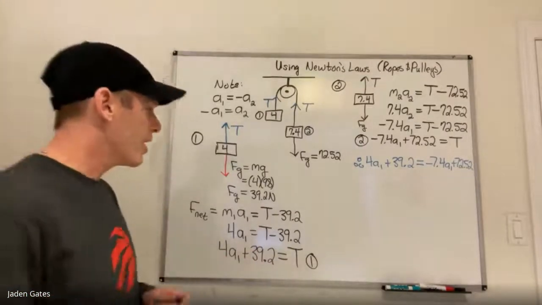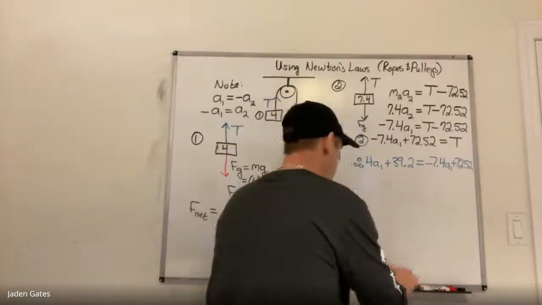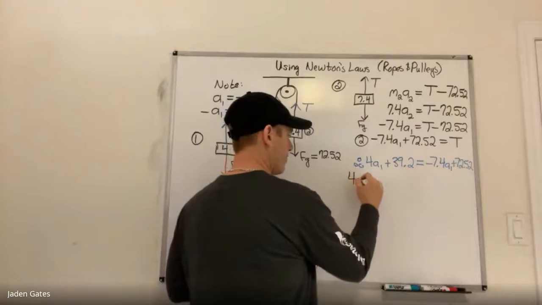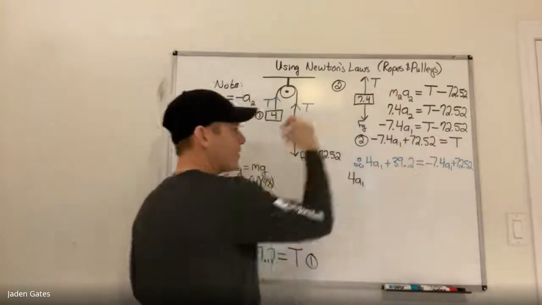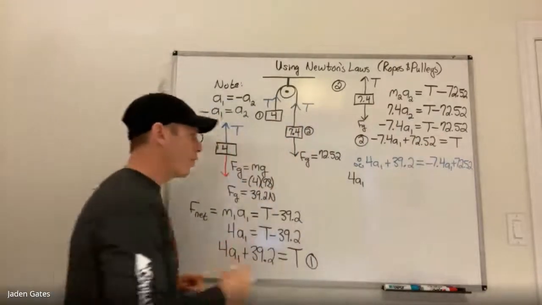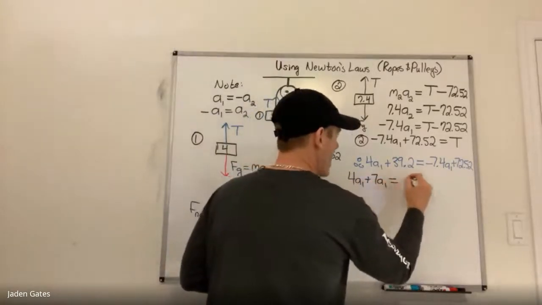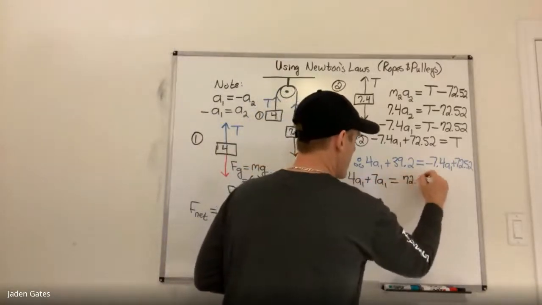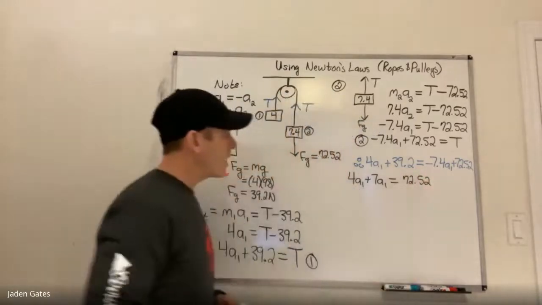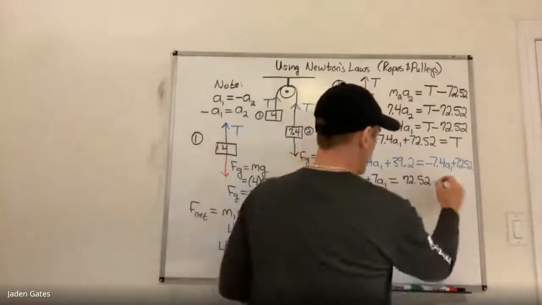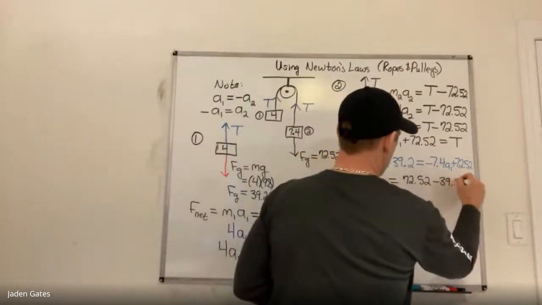All right, so I'm going to get my A1 terms on one side, numbers on the other. And so I have a 4A1 here. I'm going to bring the negative 7.4A1 over, so it's going to become a positive 7.4A1. And then I have a 72.52 over there. All right, I'm now going to bring the 39.2 over to the other side, which then means it's going to be negative.